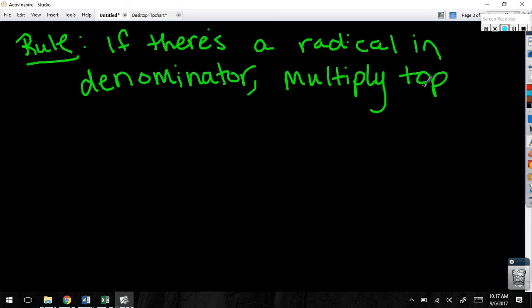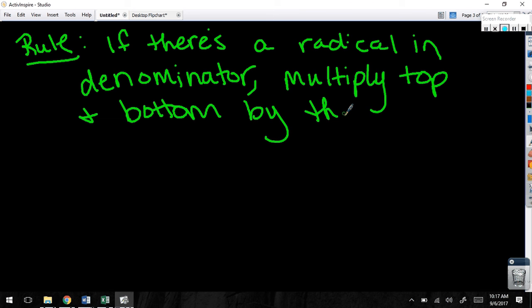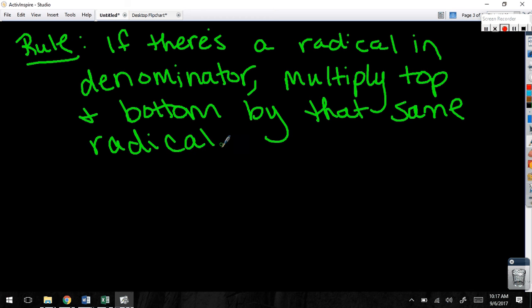Multiply the top and bottom by that same radical. And I'll show you what I mean.